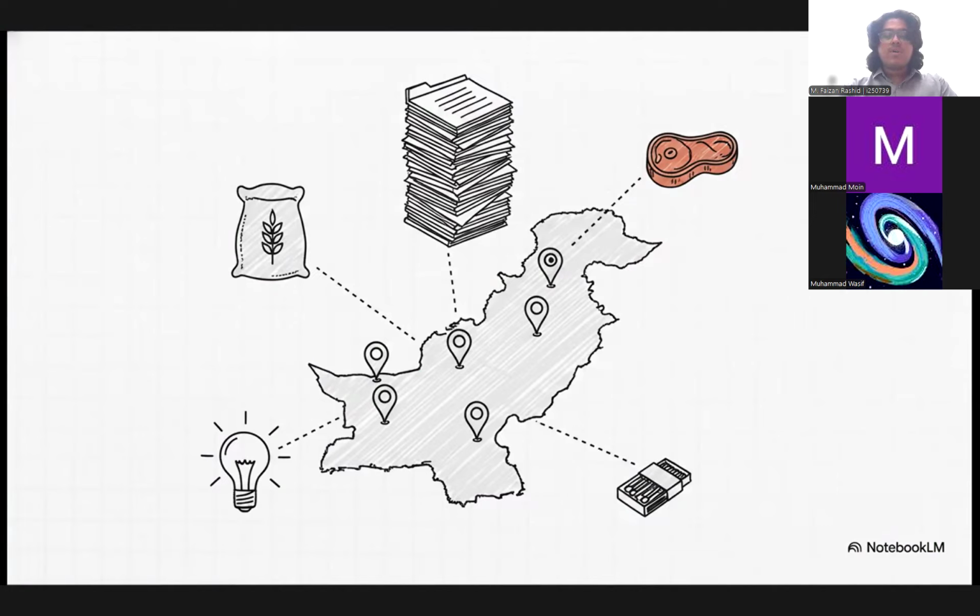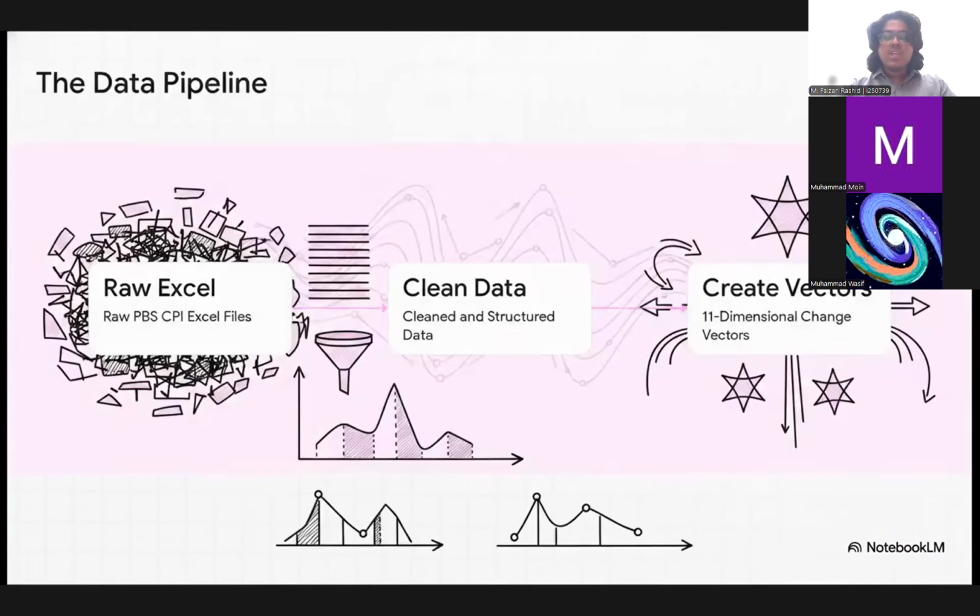The first step of our methodology was obviously data pre-processing. We cleaned the dataset by handling missing values, removing inconsistencies, and standardizing item names across all cities to ensure uniformity. This was important because even a small naming difference could break our analysis.